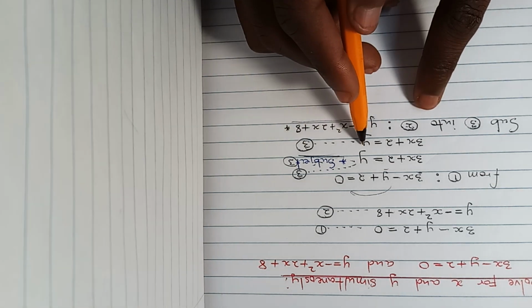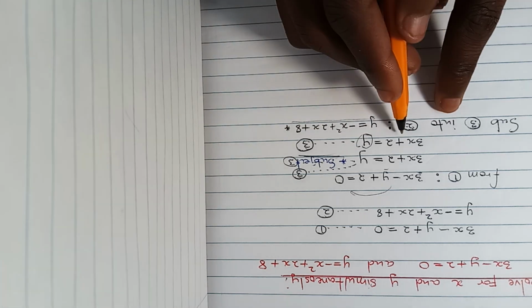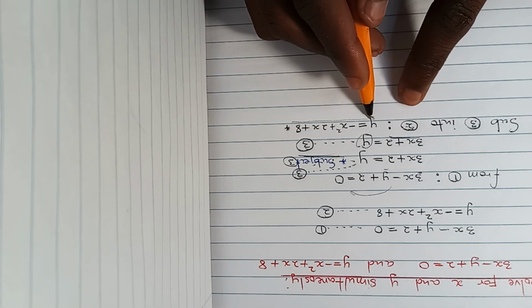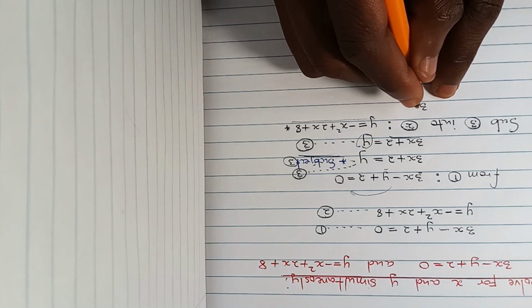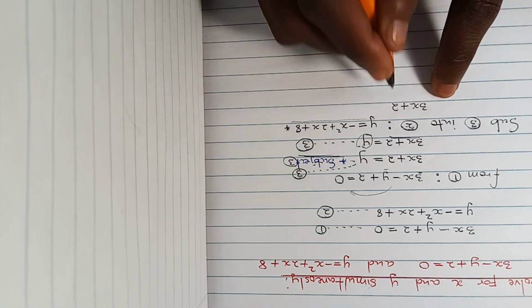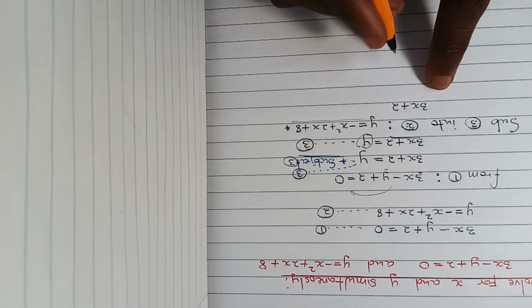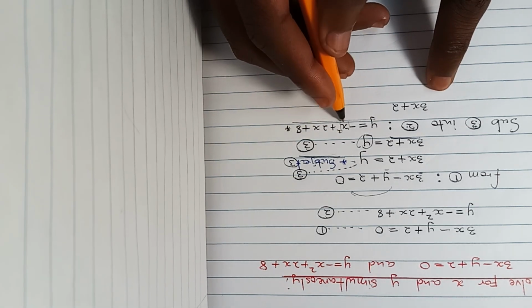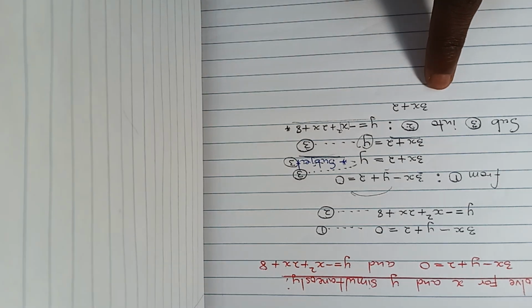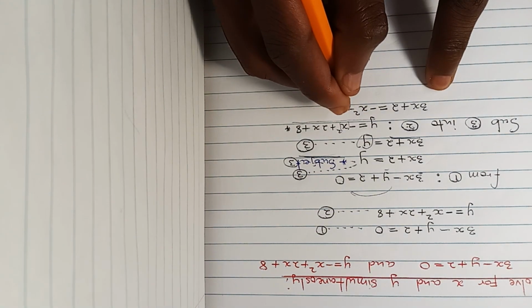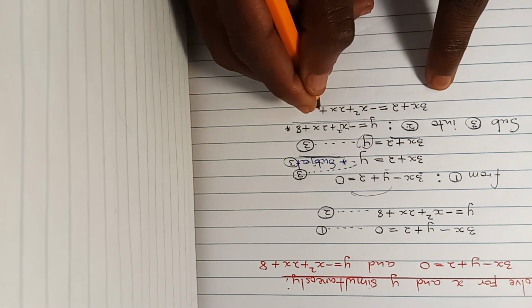So where we see y, we will put 3x plus 2. Then we're done. I don't think we need brackets. If x was the subject of the formula, we would need brackets. So now we don't need brackets. So now 3x plus 2 equals negative x squared plus 2x plus 8.